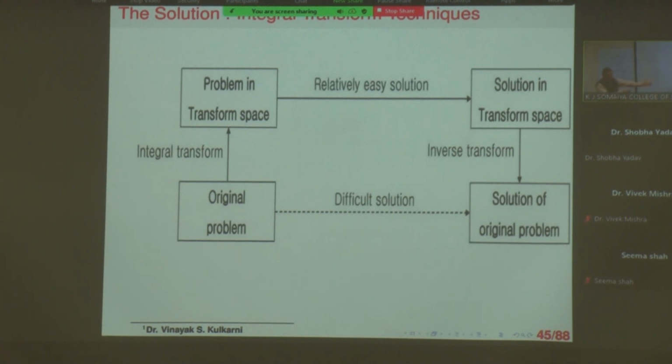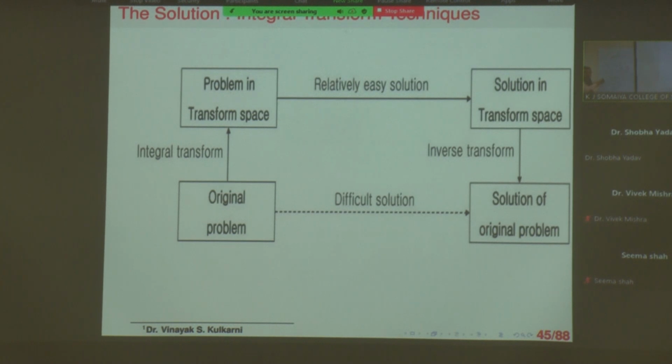How it is easy, you can see in the solution, okay? And then finding the solution, that solution you will get in the transform space. You will not get the solution in the original space. Our original problem here is in x, t, okay? So our space is the space variable x and the time variable t.